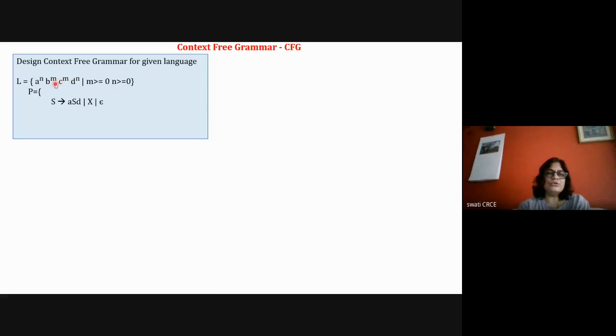And if M is equal to 0, then you will apply S is equal to epsilon here. Then B and C can be 0. Now what is X? X has to generate B and C. So X will be BXC to generate this, and epsilon. Okay, so this is the answer for this.